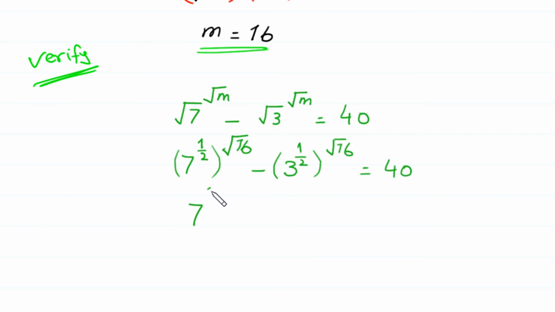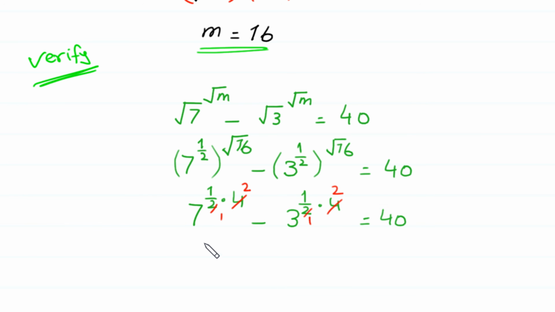7 to the power 1 over 2 times square root of 16 is 4 minus 3 to the power 1 over 2 times square root of 16 is 4 is equal to 40. From here 2 one time and 2 times 4, and from here 2 one time 2 times 4.